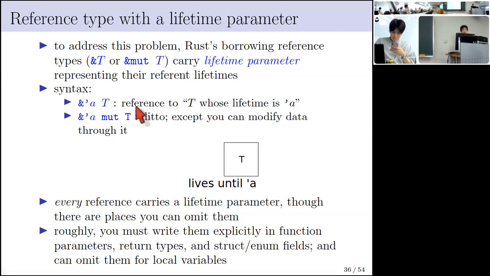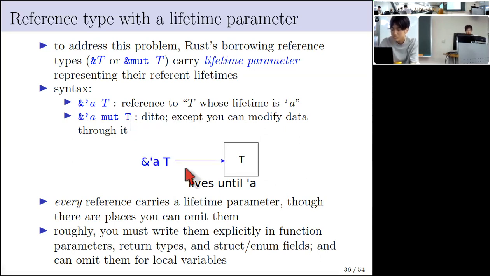So the syntax is sort of pathological. But basically, you just add this tick a or tick b or whatever, right after this ampersand symbol. So rather than just ampersand T, you have ampersand tick a T or ampersand tick a mut T. Pathological.